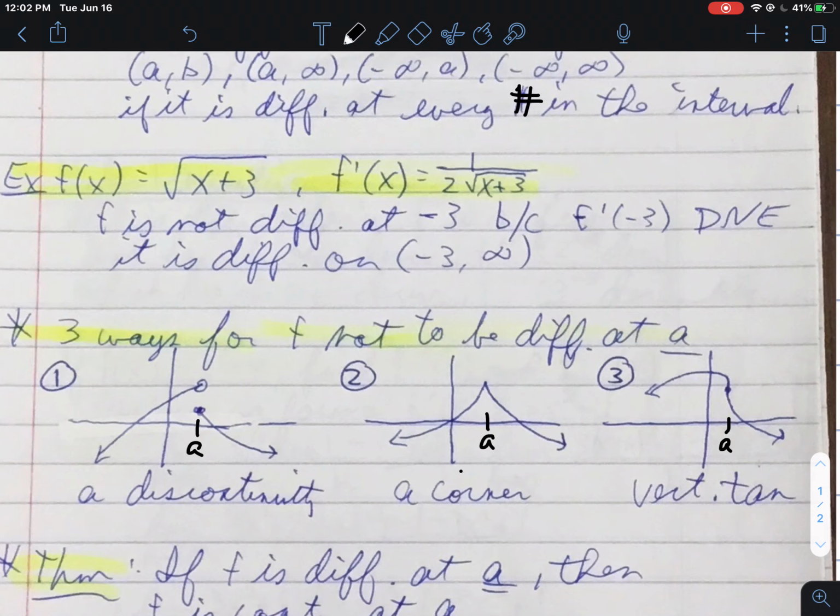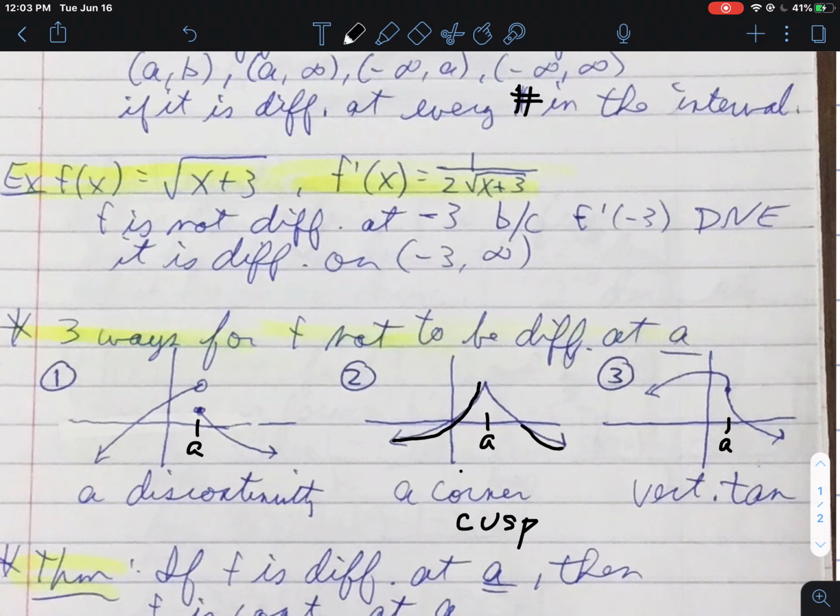Number two, though, notice I do have continuity at a, but there is no derivative there. We call that a corner. Another word we use is a cusp, if you want to use a fancier word. But it goes back to what I was talking about with number one. If you draw your tan lines as you approach a from the left, the slopes of the tan lines are all positive, and they're getting steeper and steeper.